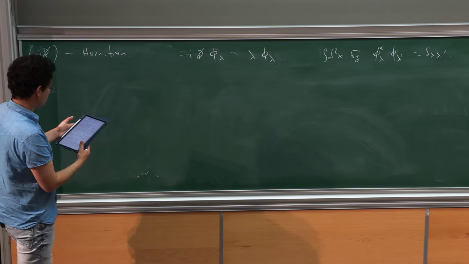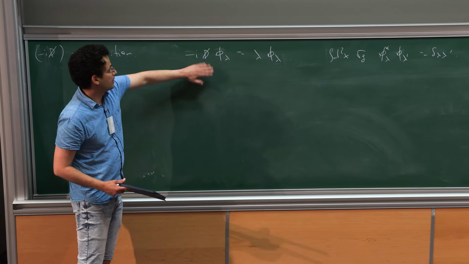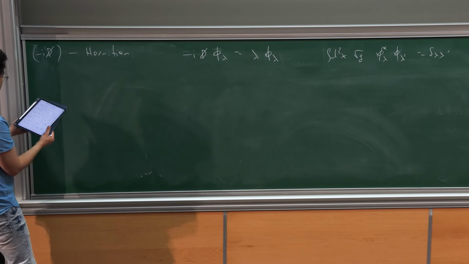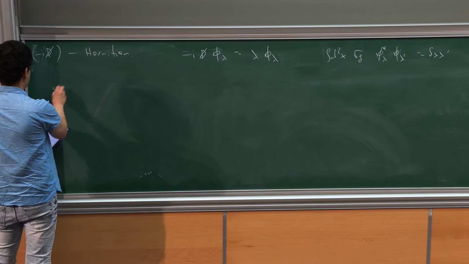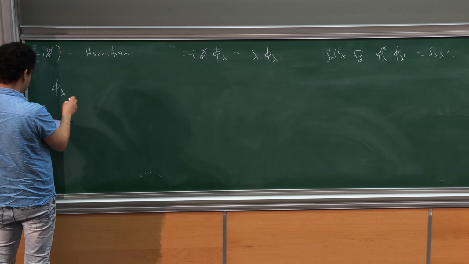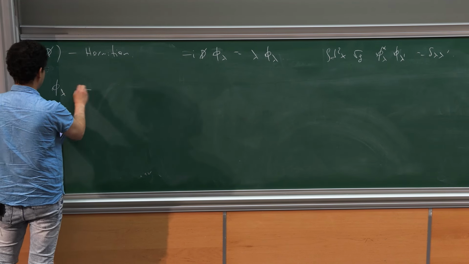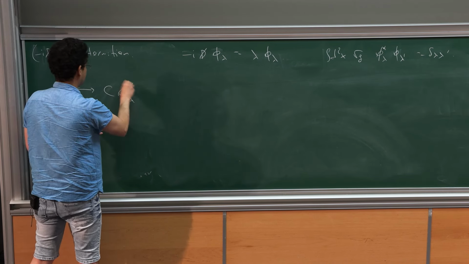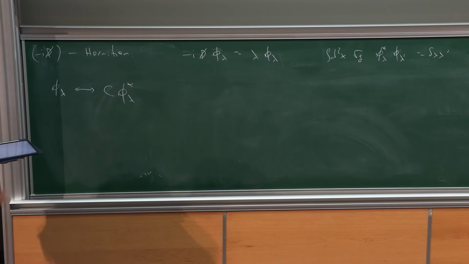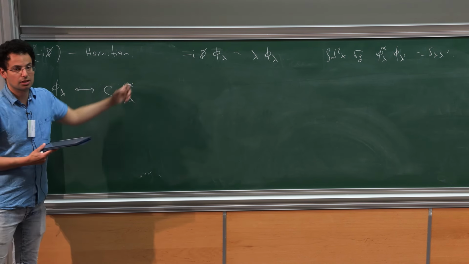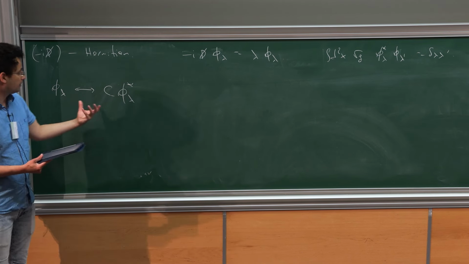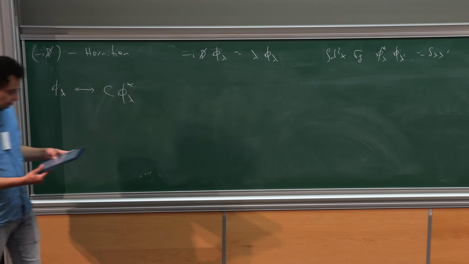And moreover, the eigenvectors come in pairs, where to each eigenvector phi lambda there is a pair eigenvector C times phi lambda star, where C is this charge conjugation operator and star is just the complex conjugate. So these have the same eigenvalue, but they are orthogonal.